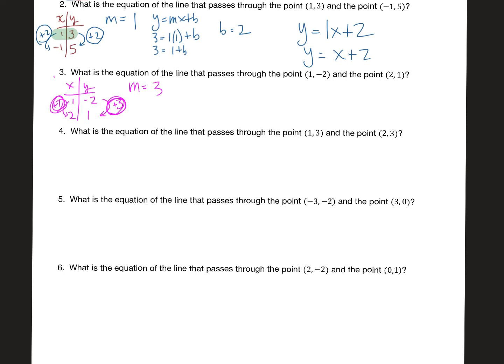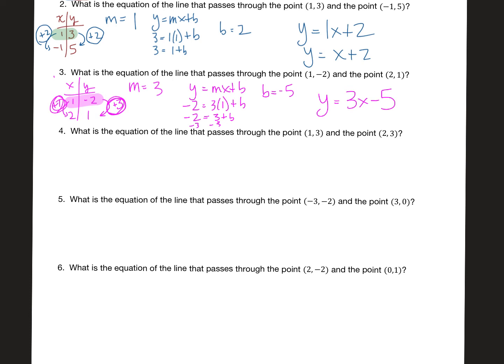You're going to pick one of the ordered pairs, doesn't matter which one. Let me write the equation. Y equals mx plus b. So y is -2, m is 3, x is 1. That means that -2 is equal to 3 plus b. Subtracting 3, you can see that b is -5. And again, once you know m and b, you've got the entire equation.